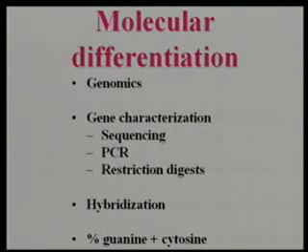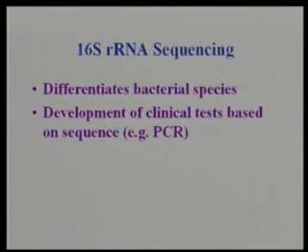Well, it's so easy and quick and cheap to sequence nowadays that nobody's going to use percent guanine cytosine nowadays unless they're out of their minds. I'm going to explain to you what hybridization is, and I'm going to show you what PCR is in a little more detail. I shouldn't have to explain to you what sequencing is, but by definition, sequencing is getting the DNA sequence.